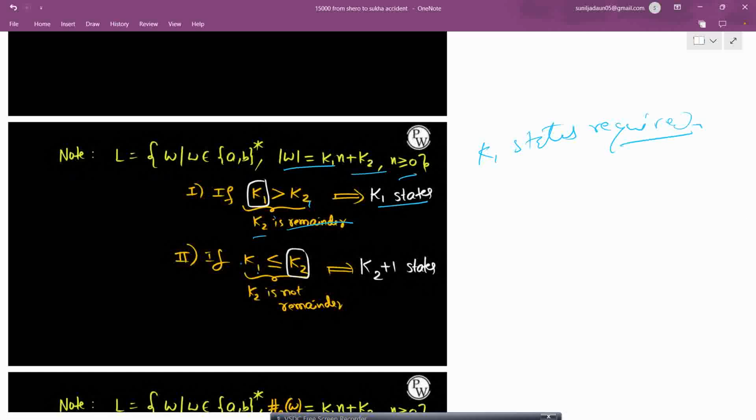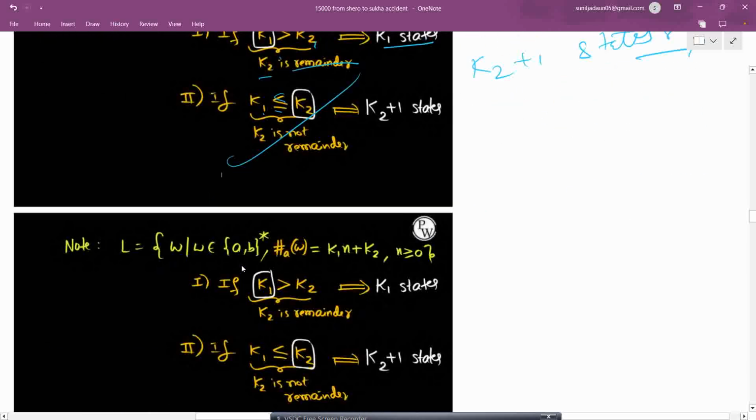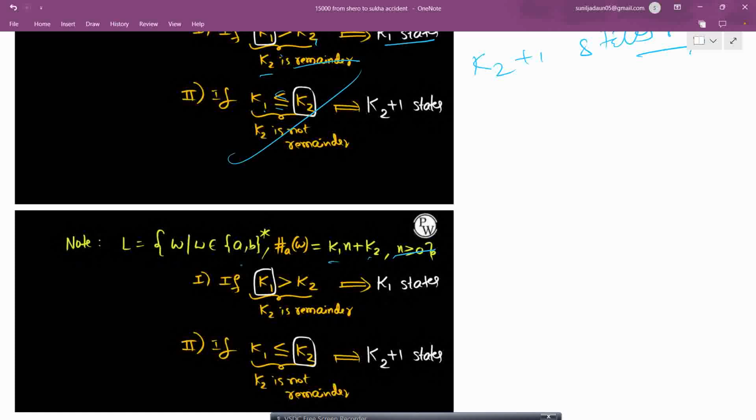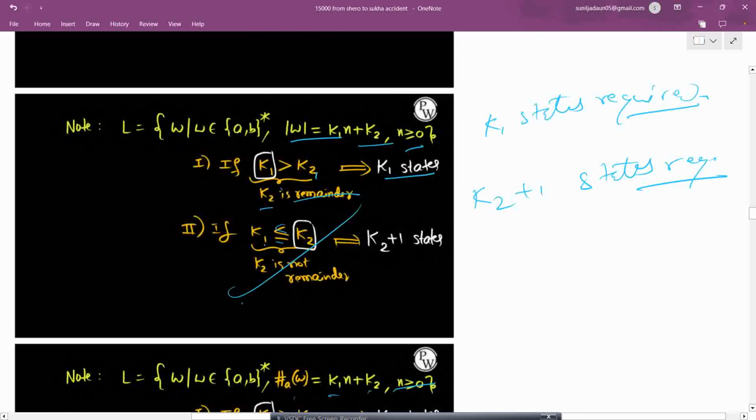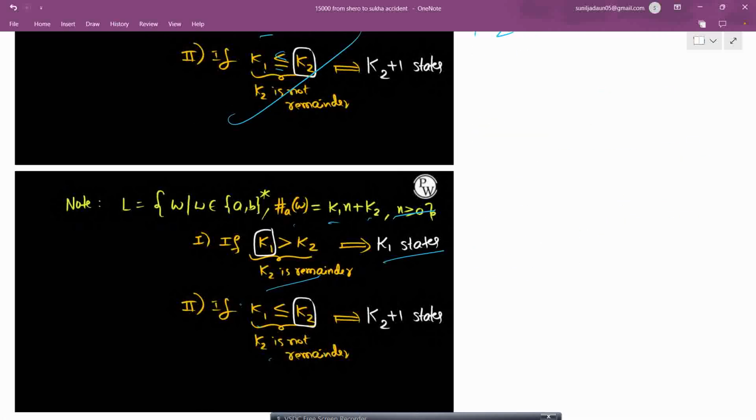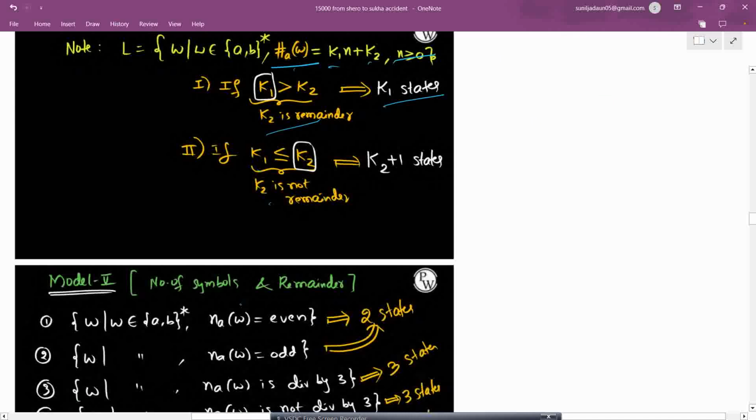But if K1 is less than K2, then K2 plus 1 states are required, since K2 is not a remainder here. And again note for this, n is greater than 0. So if K1 is greater than K2, K2 is the remainder, K1 states. If K1 is less than or equal to K2, K2 is not a remainder, K2 plus 1 states.